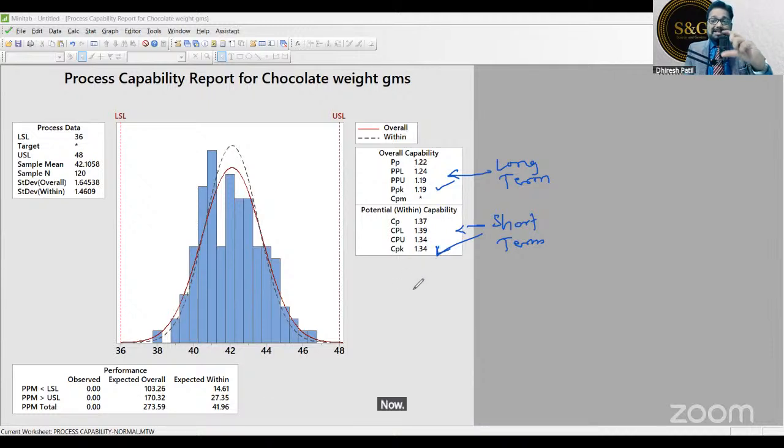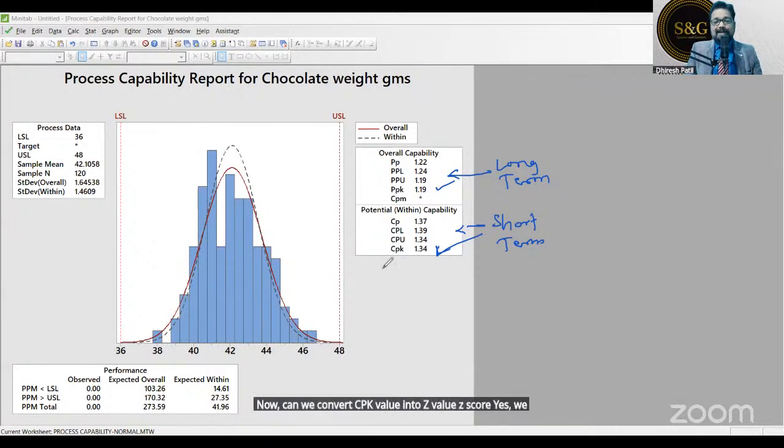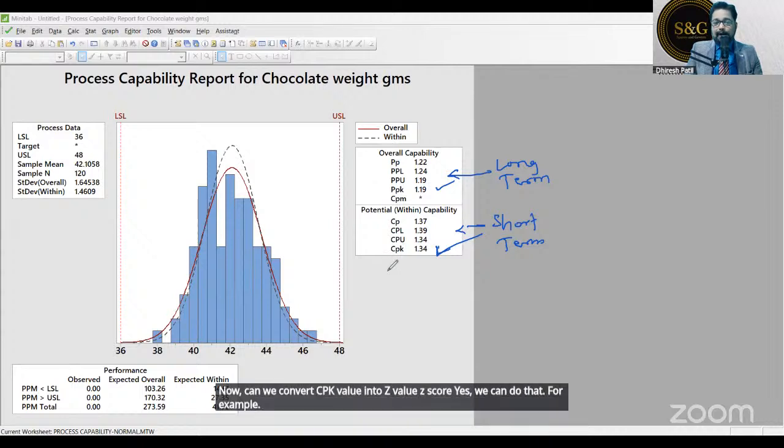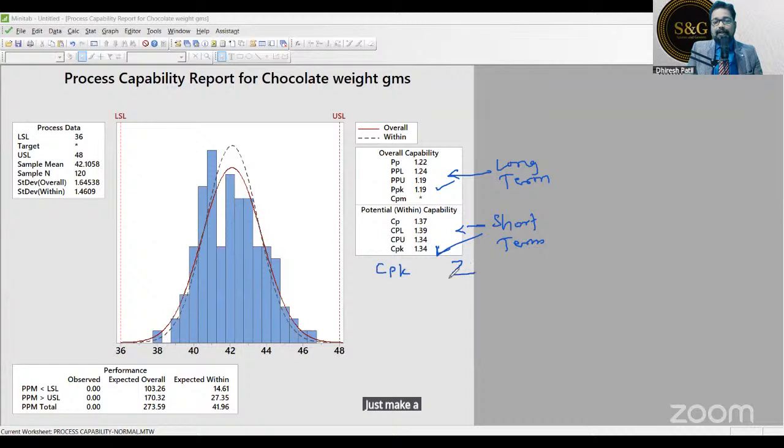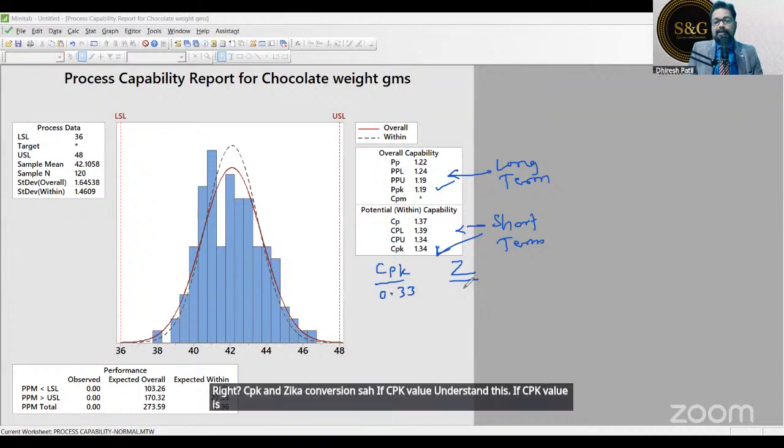Now, can we convert Cpk value into Z value, Z score? Yes, we can do that. There is a table you can use. Just make a note of this. What is the conversion of Cpk and Z? If Cpk value is 0.33, the Z score is 1.